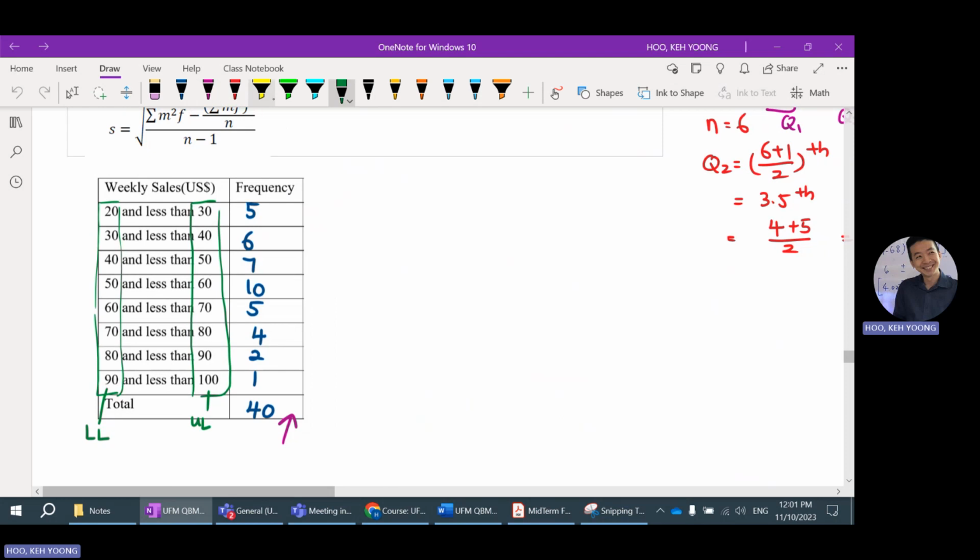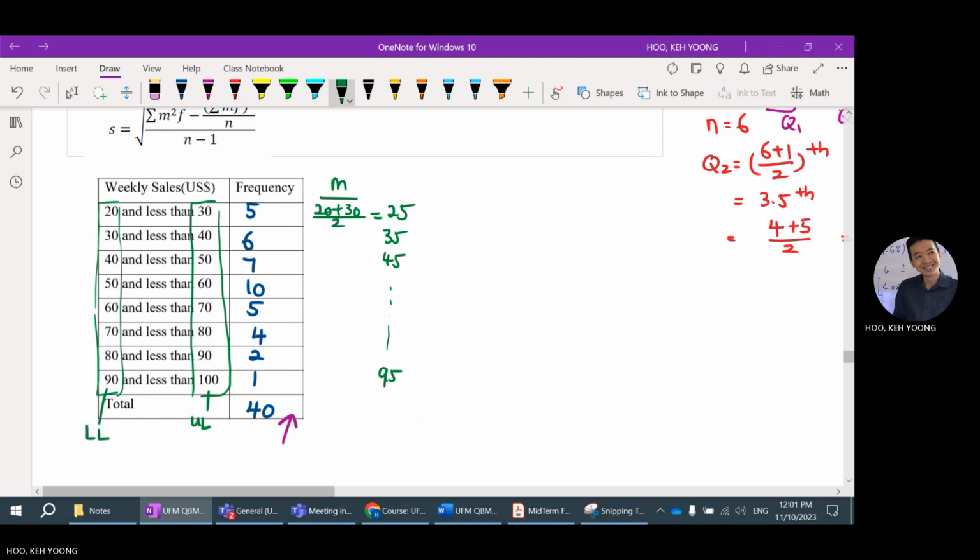Okay, so sorry. Midpoint is 20 plus 30 divided by 2. So for the first class, midpoint would be 25. Then 35, 45, until the last class, 95. Okay, this is the midpoint.